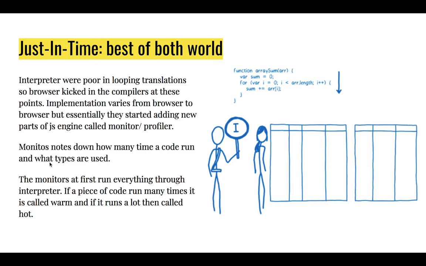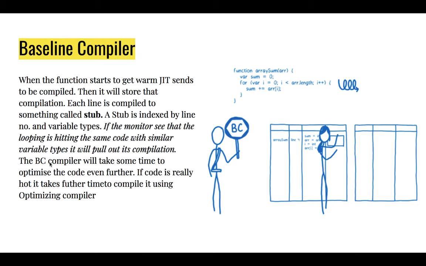It understands that if I run this every time through an interpreter, it is a huge waste of time. So I must kick in the compiler here. Therefore, it kicks in a compiler called the baseline compiler. What the baseline compiler does is read that piece of code which was getting warm, and translate it, storing the compilation into something called a stub.